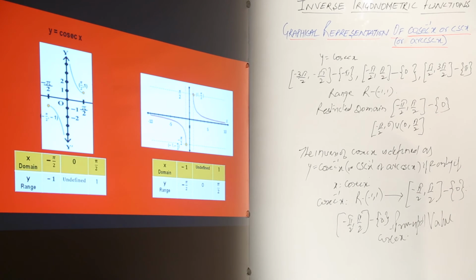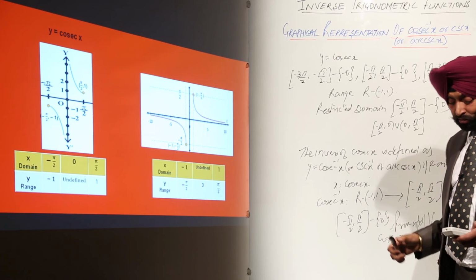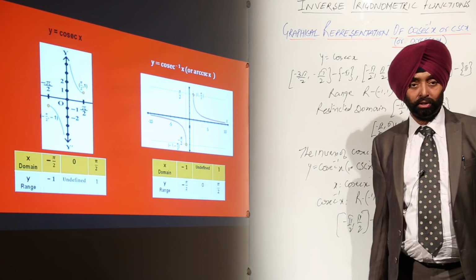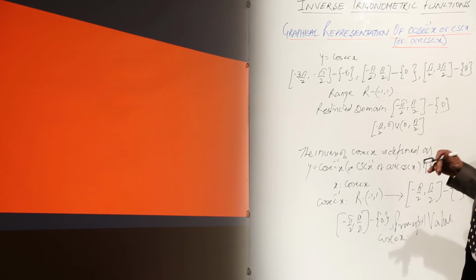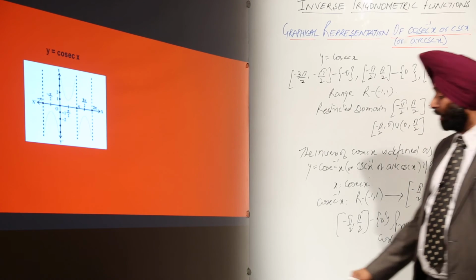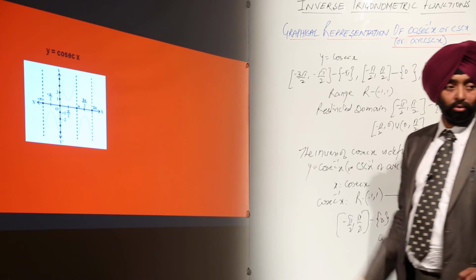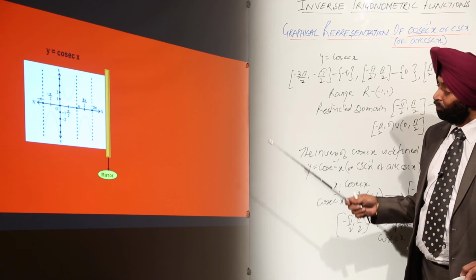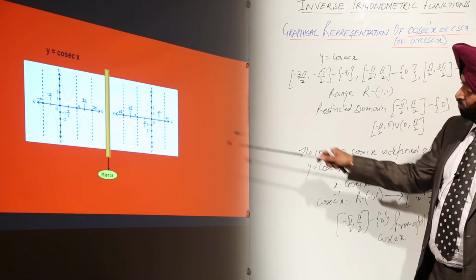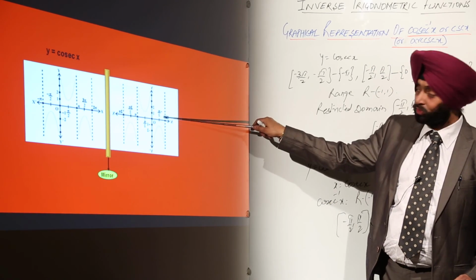Now let's check it. When we change the axes, what type of graph do we get? So this was the graph of y equal to cosecant inverse x. Now with a small recap, let's check it. There is the graph for y equal to cosecant x. Okay. Now about the mirror part. This acts as a mirror, and the mirror image is this one, exactly the mirror image of this part.